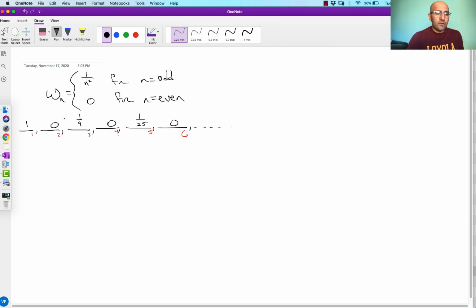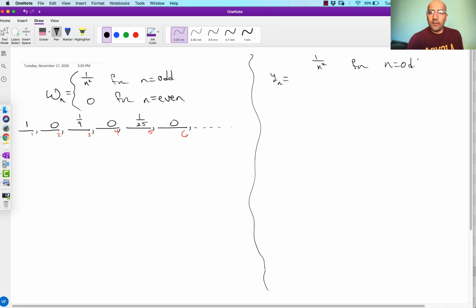Good. Okay, so now I also want to introduce another kind of kooky sequence. Let's consider y sub n described as 1 over n squared, again for n odd, and 1 over n for n even.